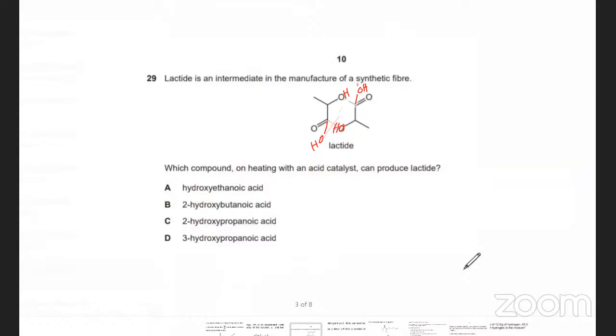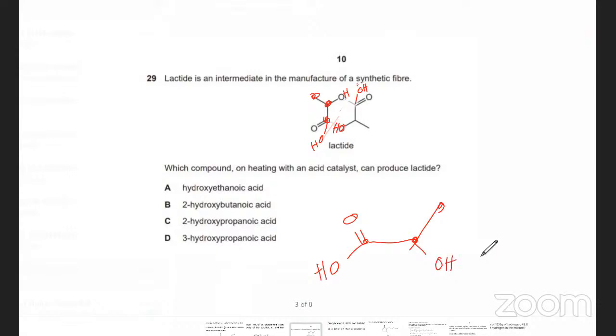Okay. So there are 4 more questions left in this one. So which one is the correct option? I'm going to draw this one. It's 1, 2, and 3. So I've got 1, 2, and 3 carbon atoms, right? And the first one has a carboxylic acid, so that's double bond O and OH. And the second one has an OH.